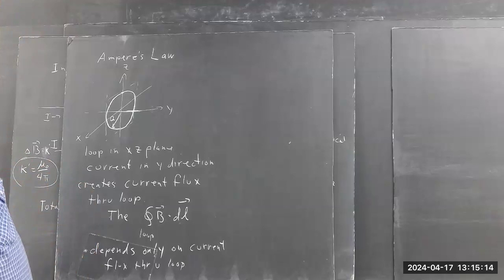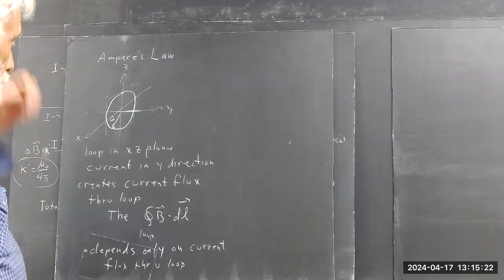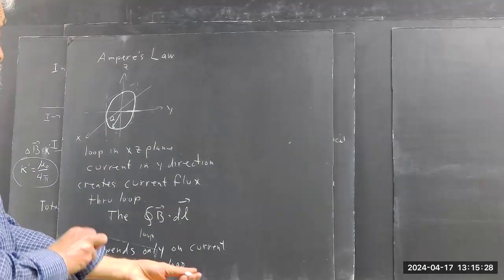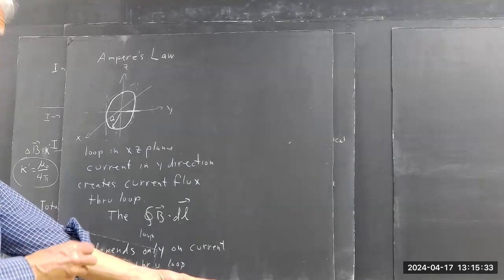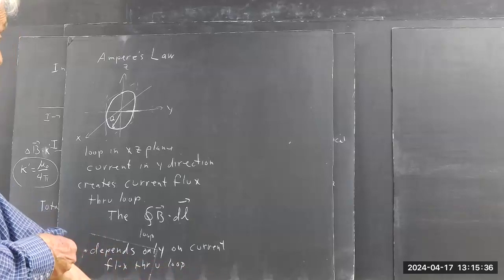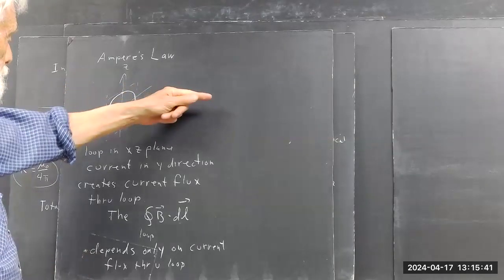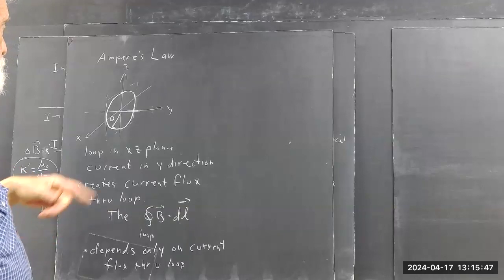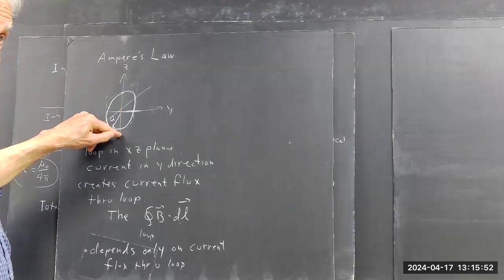Now, if the current is symmetric with respect to the y-axis, then by the symmetry of the situation, you conclude that you have a constant magnetic field around the loop. If it's not symmetric, like let's say the current goes through this point on the z-axis and is still in the y direction, then up here you're going to get a bigger magnetic field than you're going to get down here.